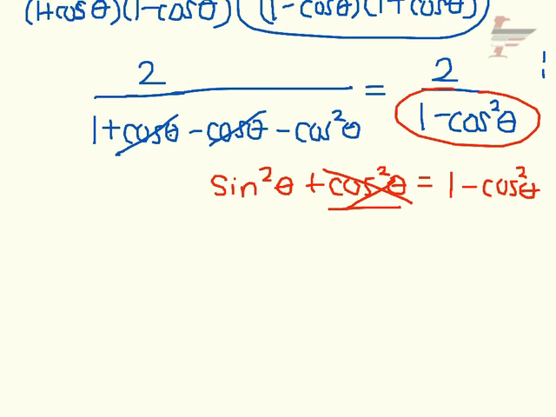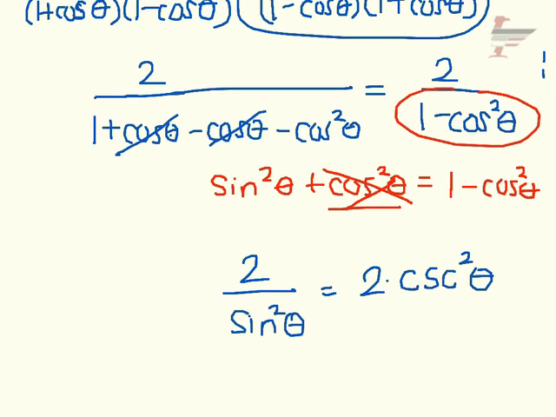Okay, so I can continue on and change that denominator to get 2 over sine squared theta. You do know that the reciprocal of sine is cosecant, so you could also make this 2 times cosecant squared theta. I would take either answer, just so that you know. It's probably best to leave things in terms of sine and cosine, but either of these would be appropriate.